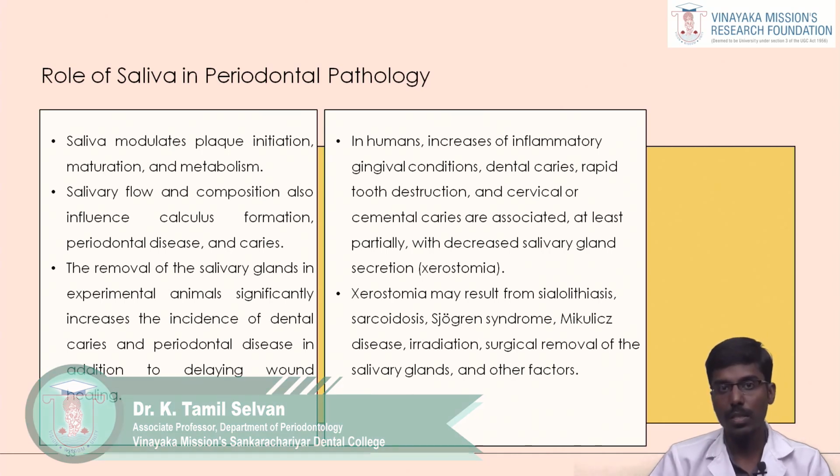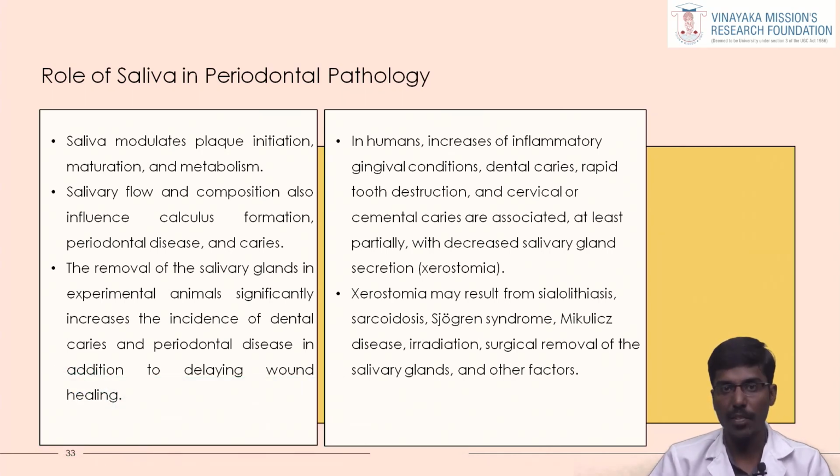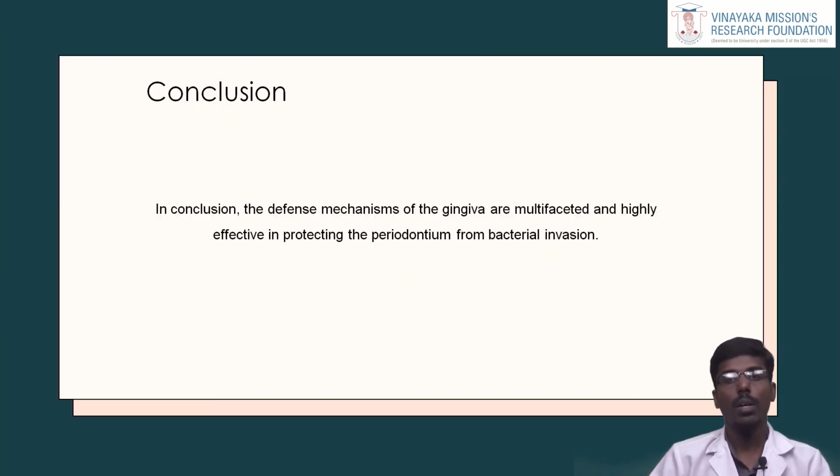Now in addition to this, if there is a decrease in the salivary flow, it can result in various diseases including dental caries. Xerostomia is the condition where there is a decrease in the salivary flow. It can also result in the periodontal disease progression. Now coming on to the periodontal therapy, immediately after the periodontal therapy, there is going to be an increase in the salivary flow. Now we have seen all the defense mechanisms of the gingiva.